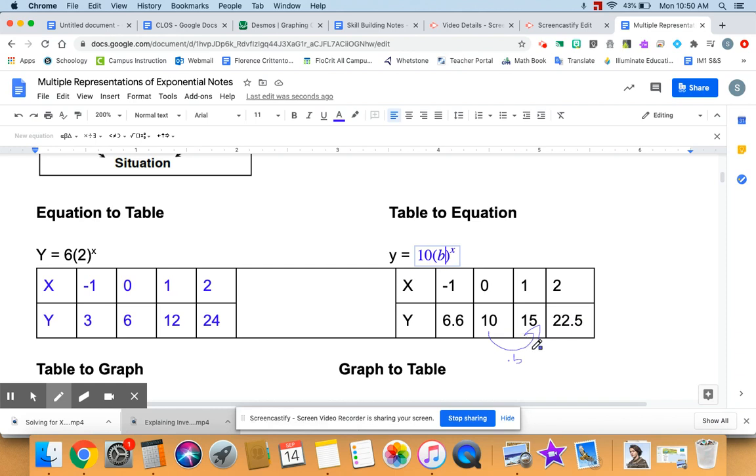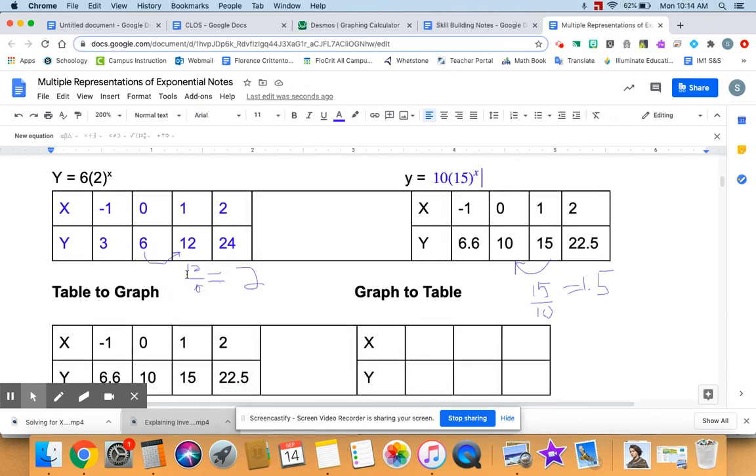So to figure out what that b is, if I start with 15 and then divide it by the 10, I'd find out that that b was 1.5. So in my equation, b is 1.5. And so that's my equation. As long as the x is up there and the exponent like it should be, this is the equation of this table.